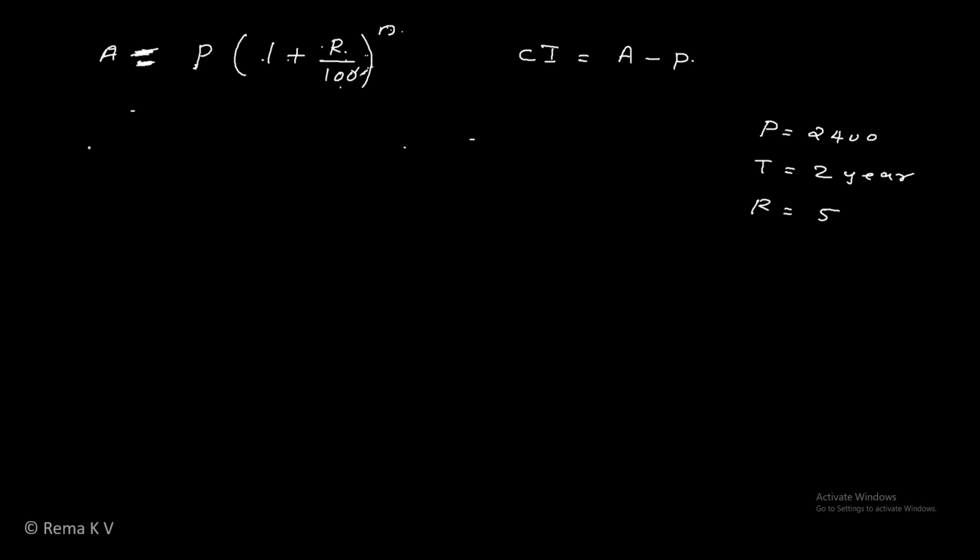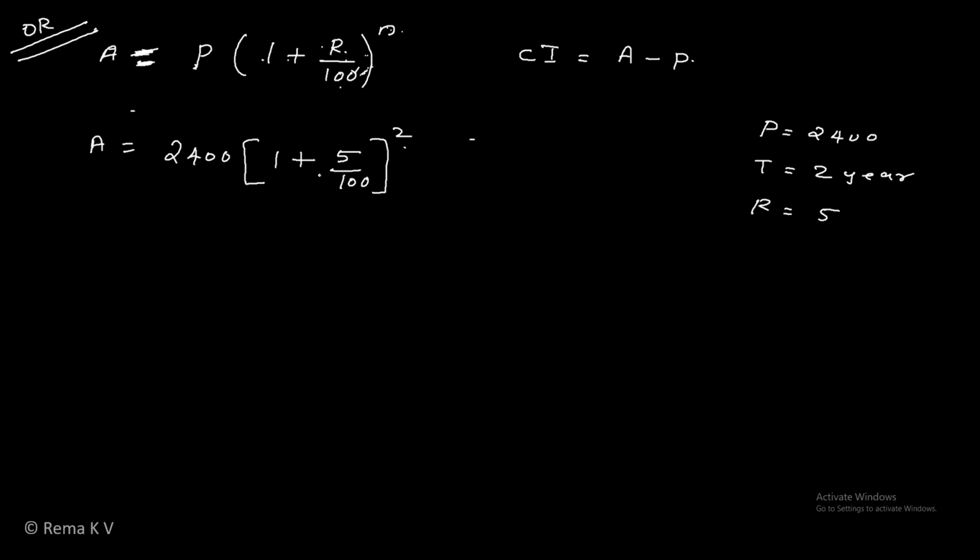Let us apply the formula. A is equal to, this is the second method, A is equal to P is 2400 into 1 plus 5 by 100 the whole square.